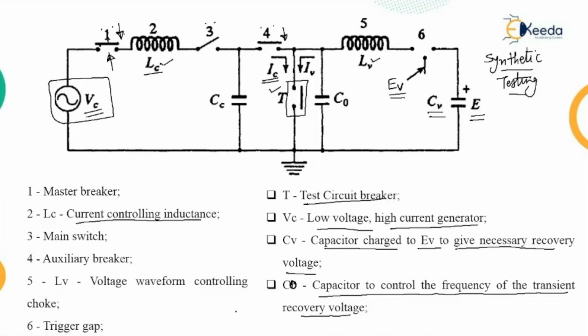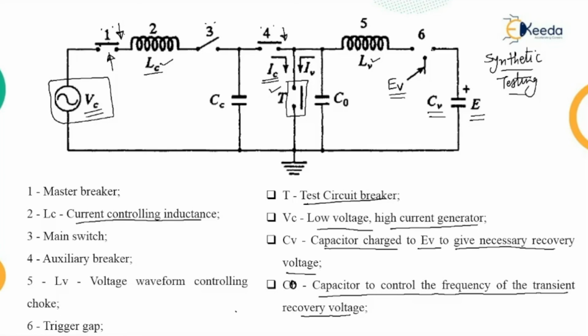It means if it operates, it breaks the contact with this supply source, so that it disconnects the supply to this test circuit breaker. At some time T1, just before the zero of generator current, the trigger gap 6 closes. Here there is a gap, and when this point is pushed here, the gap gets reduced.